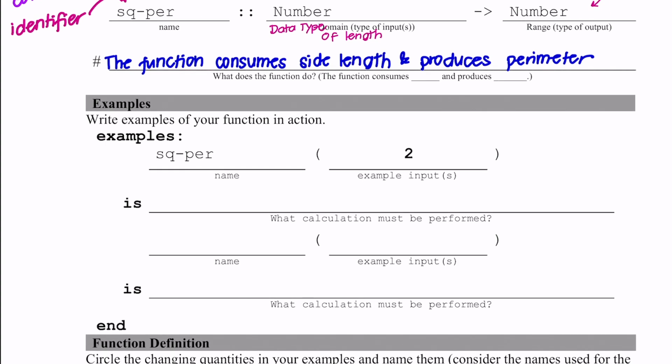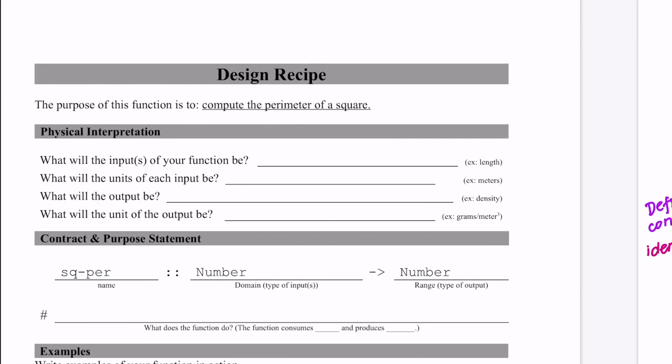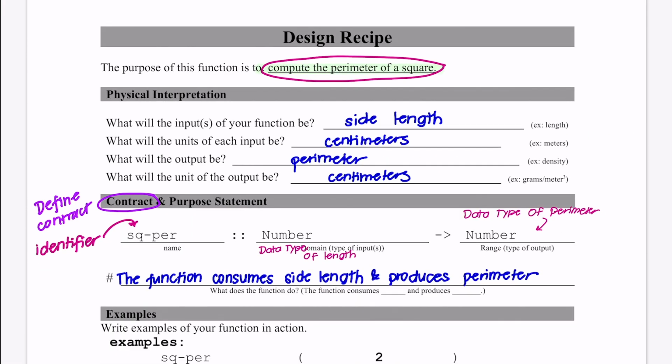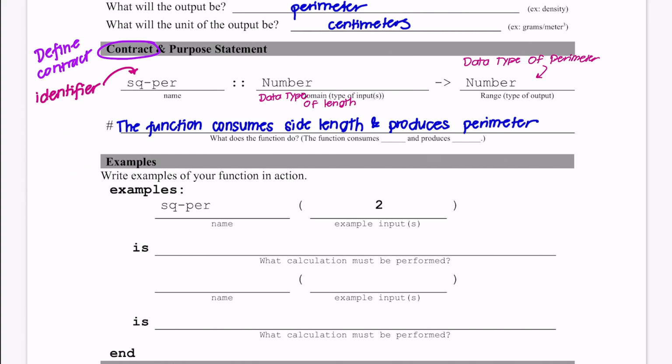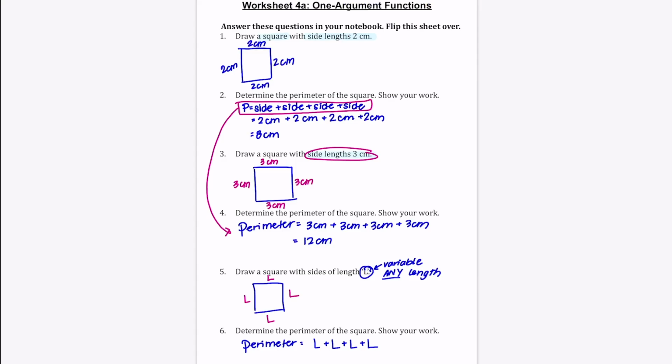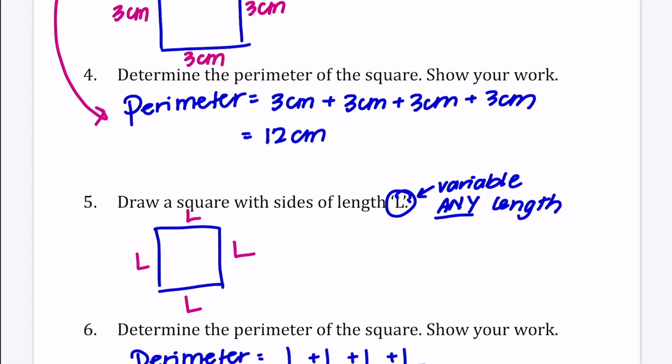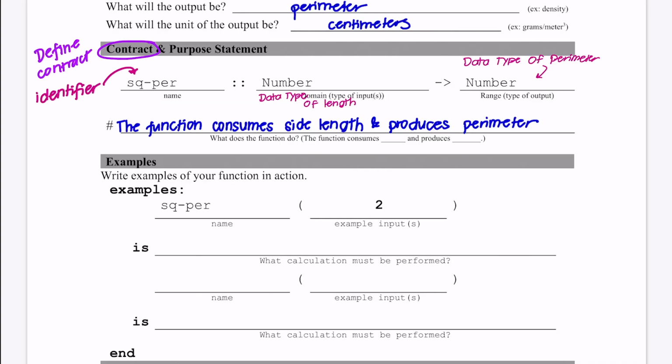Now in the examples, we are going to give Pyret some examples of how to calculate it, right? So we're going to put our identifier, which has been written for you, SQ per, and take the calculations that we've done from the previous page and put them into our design recipe.